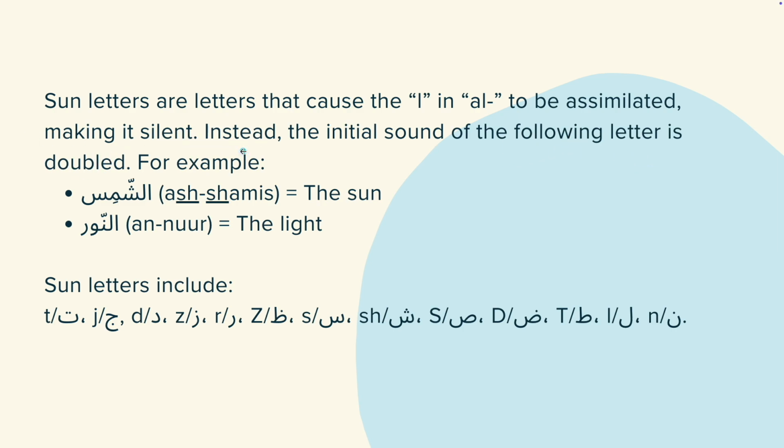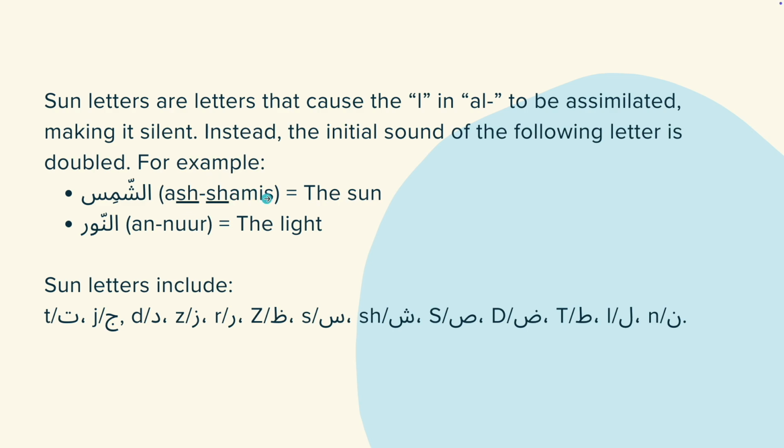So if you want to say, for example, the word the sun, say ash-shamis. Originally it's supposed to read al-shamis. However, sh is considered a sun letter. Therefore, it took over the sound of the L.